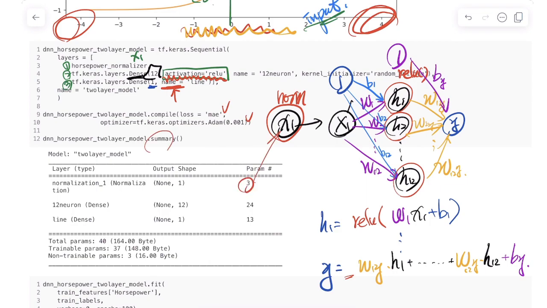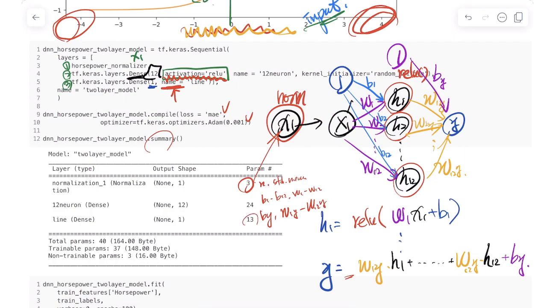The 3 indicates the count, the standard deviation, and the mean value of x1, and then we have 24 parameters, including B1 to B12 and W1 to W12. And at last we have by and W1y to W12y, so 13.